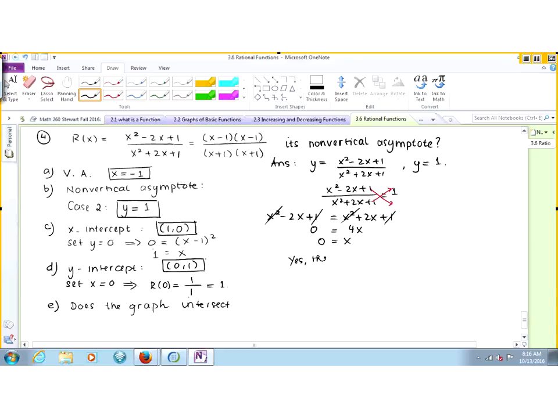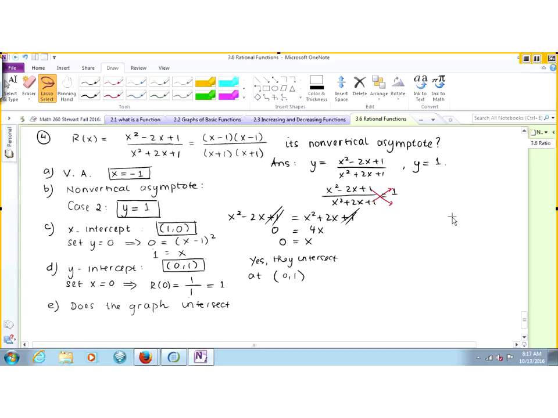So yes, they intersect at what? 0, 1. Yeah. Okay. Are we okay so far? I need to move this. Otherwise, I don't have space for my graph. Right? So the x squared cancels. And then the 1 cancels also.